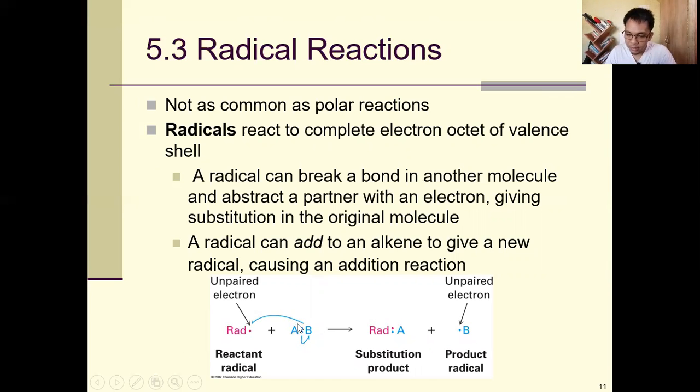Now, kung mapapansin niyo guys, there is a movement of electron here. Isang electron yung nag-move dun sa may A. It is a bond-forming and bond-breaking process of a radical reaction. Pag radical reaction, meron tayong unpaired electron and the charge is usually neutral.